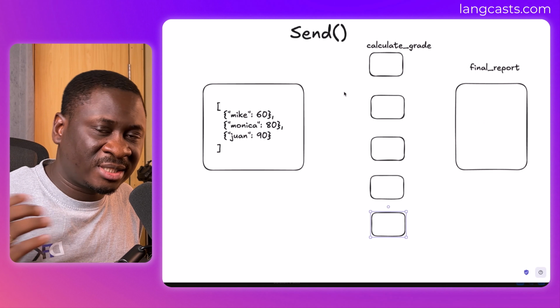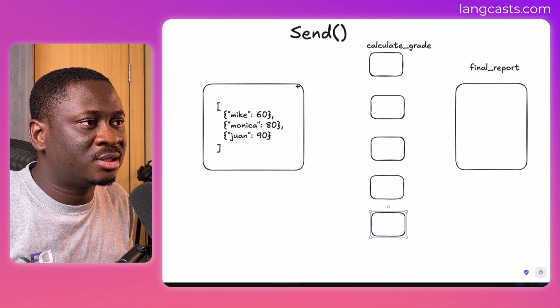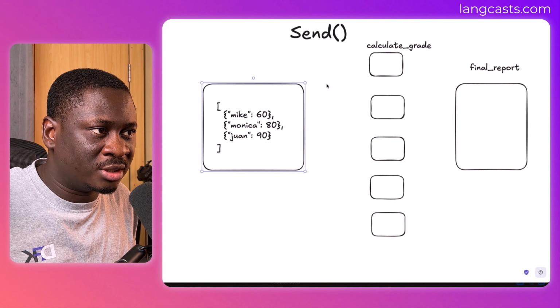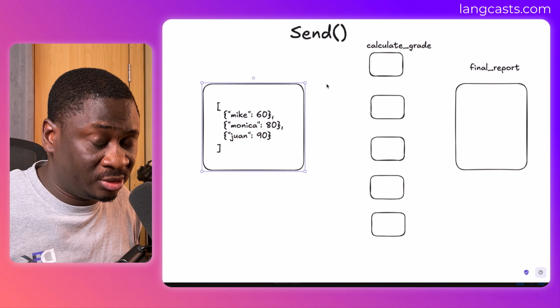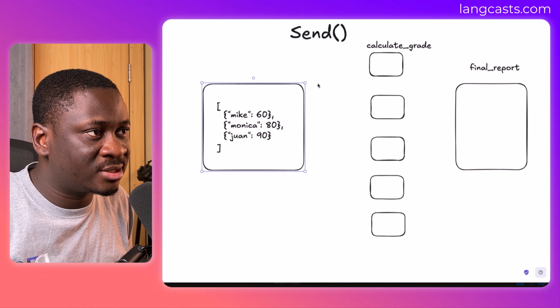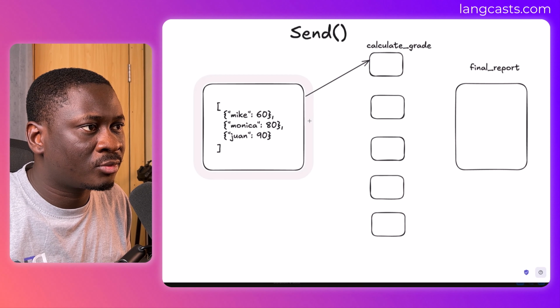So what you can do with send is that when this node fetches those student scores, depending on the number of student scores, you can then use send to generate multiple instances of this node.